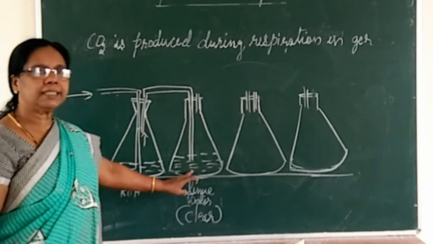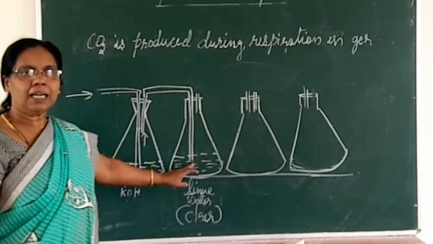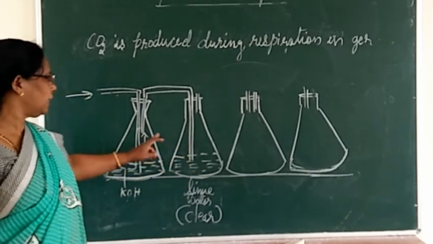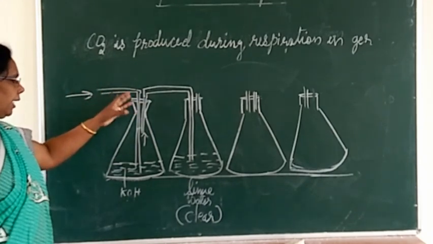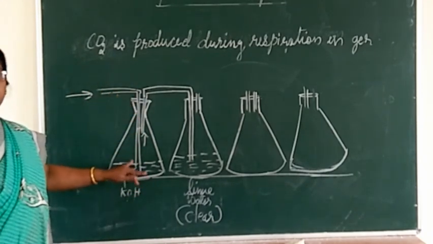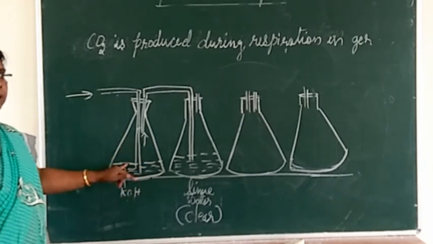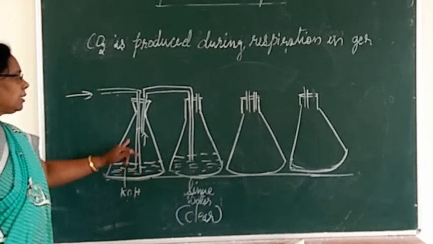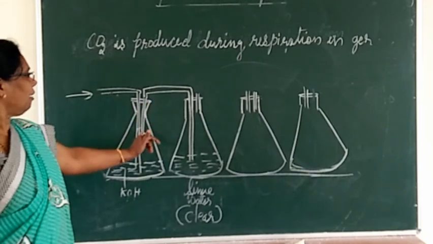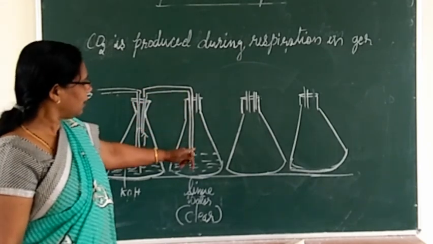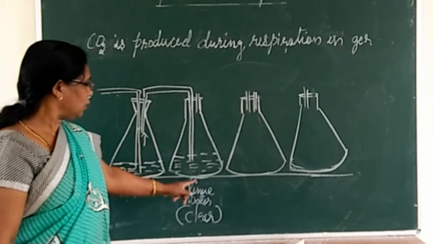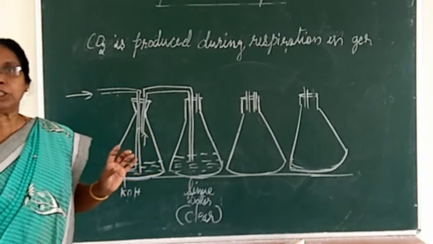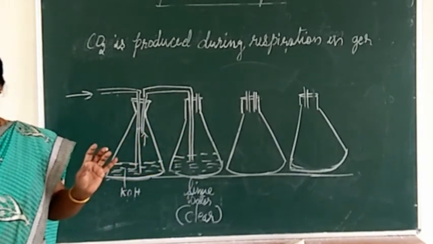Here in the second case you get clear lime water, which shows that whatever carbon dioxide entered from the air is absorbed by the potassium hydroxide in the first conical flask, so the air coming into the second conical flask is free from carbon dioxide, and that's why the lime water does not turn milky.